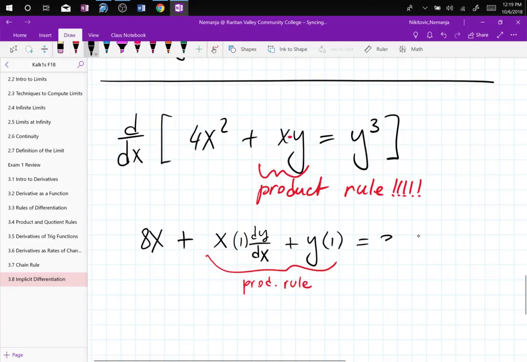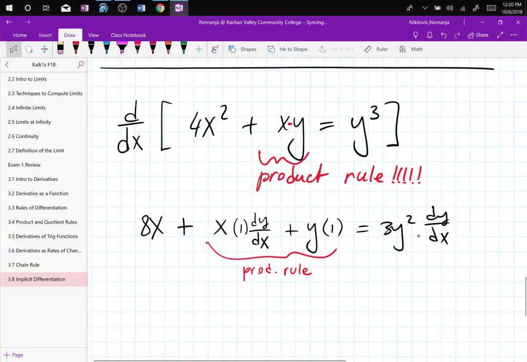And finally, on the other side, 3y squared dy dx. Copy the first, that's x. Derivative of the second, that's y. We're taking the derivative of y. Well, that's 1. But I have to follow with the dy dx chain because I took the derivative of y with respect to x. Usually this is one that kills your grade on the test. So please make sure you make a note of this term there.